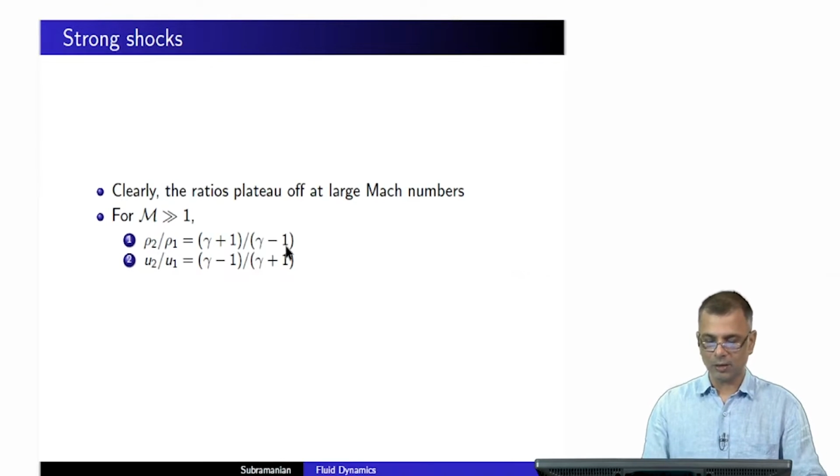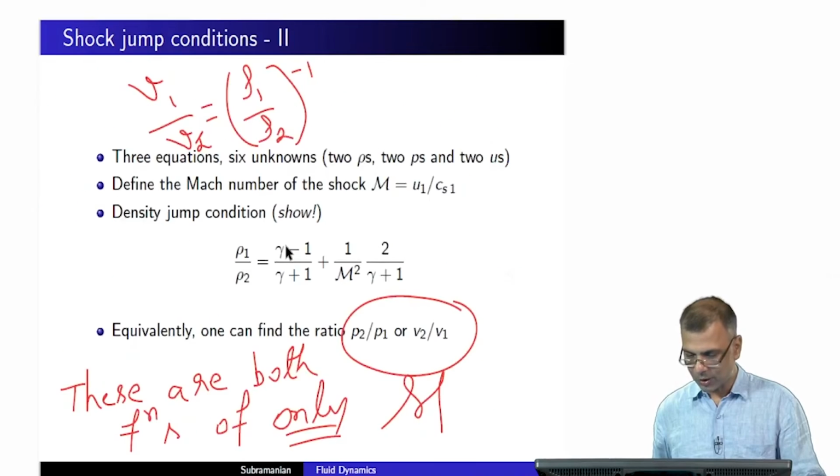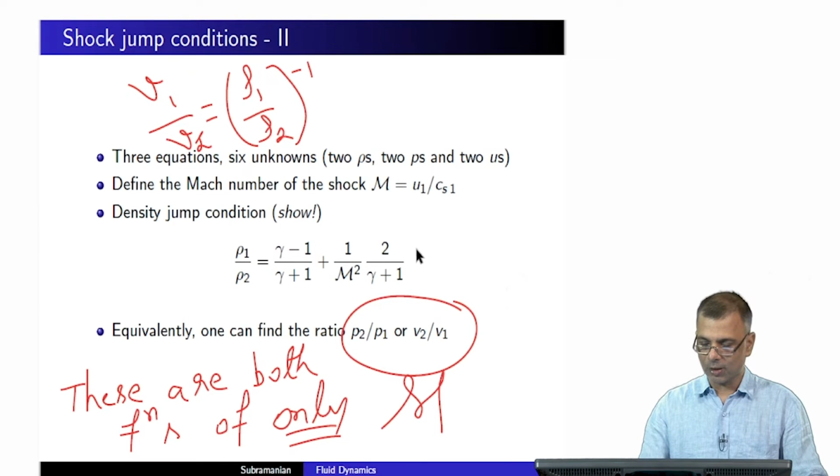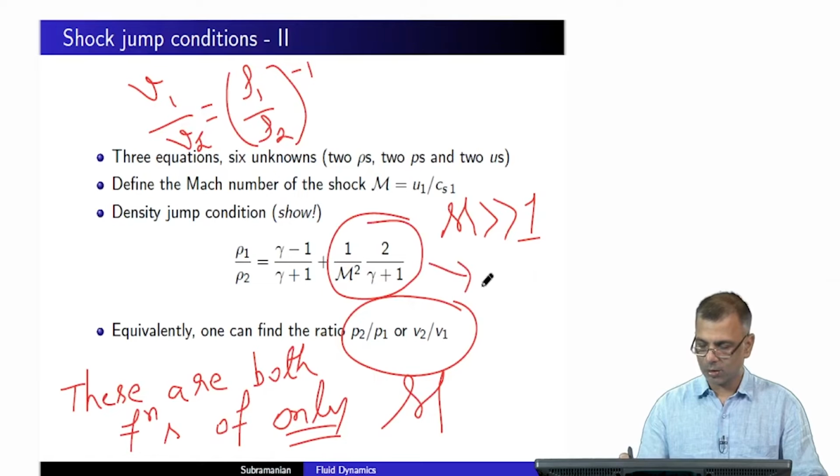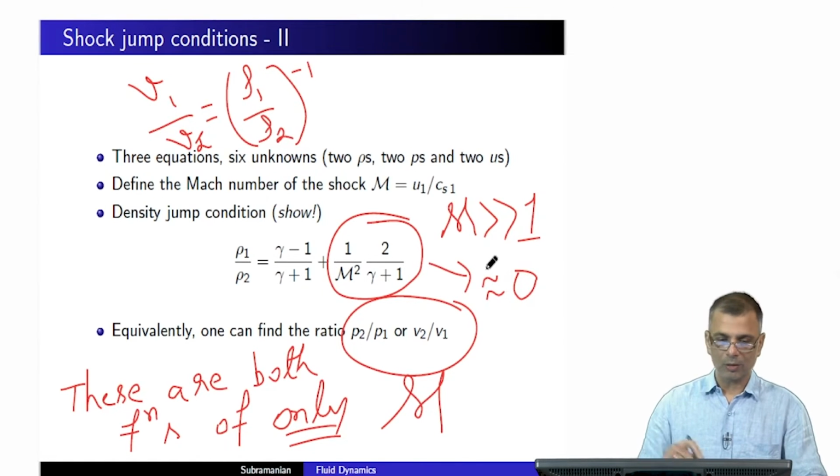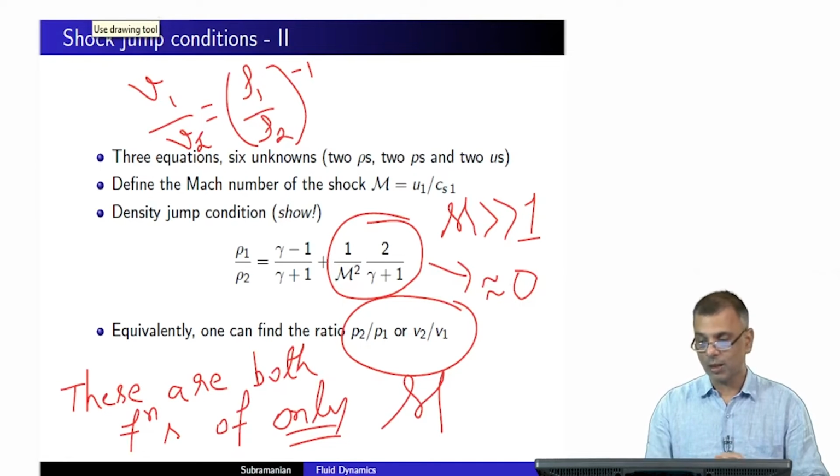And the reason is simply, just to show you once again, it's because of the way this term appears. When the Mach number is much larger than 1, this term is approximately equal to 0. So for the time being, I'll just erase this, it is not so important.